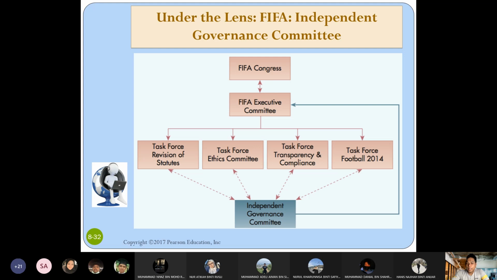Under all these tasks, they have the independent governance committee, which sends its decision or result to the FIFA Executive Committee. All the decisions are decided by the executive committee, and the information comes from all the task forces. They restructured their organizational structure in terms of the task forces.